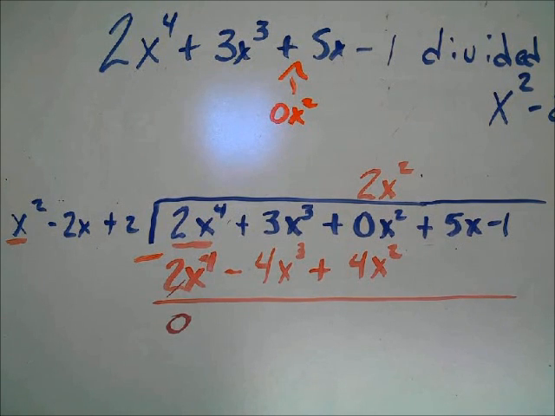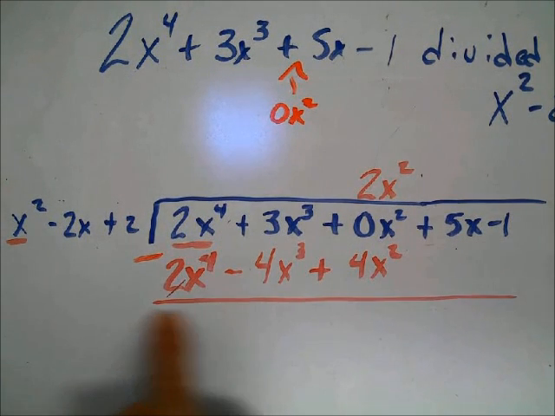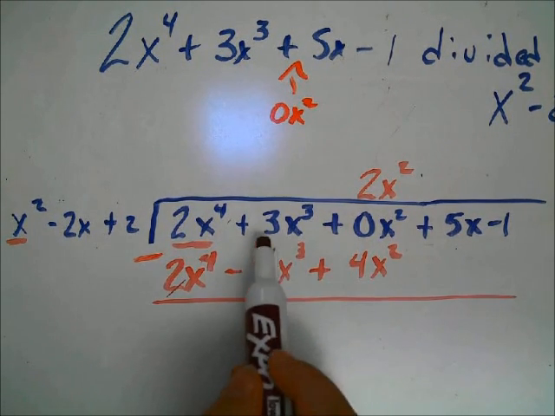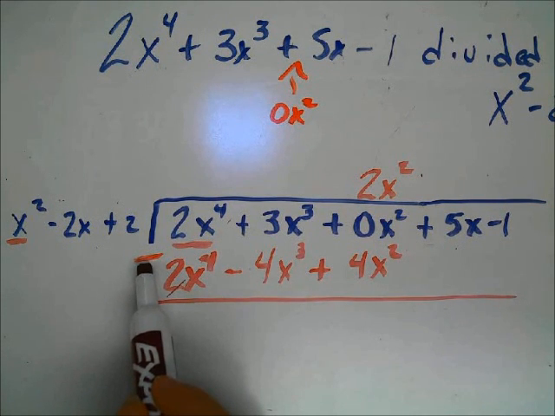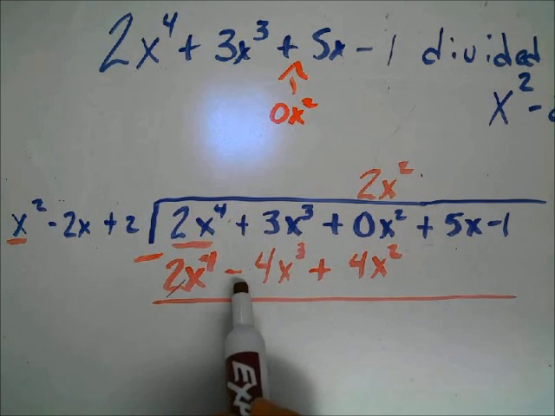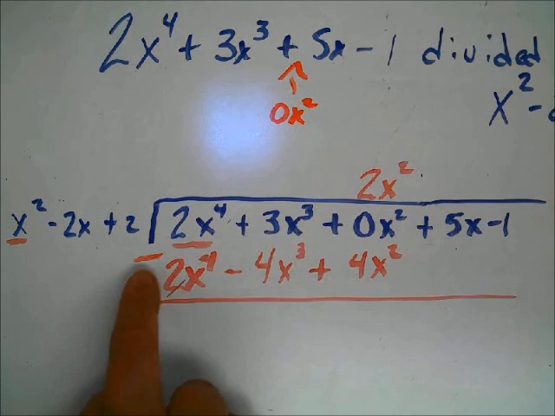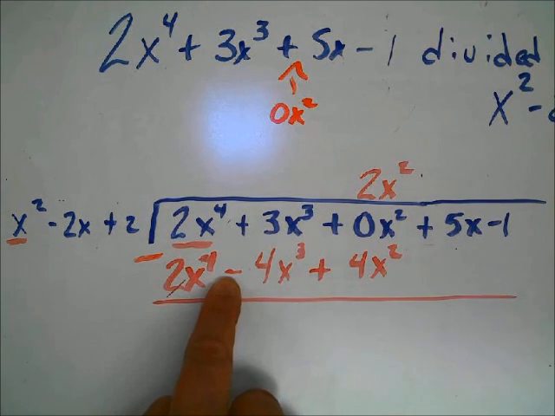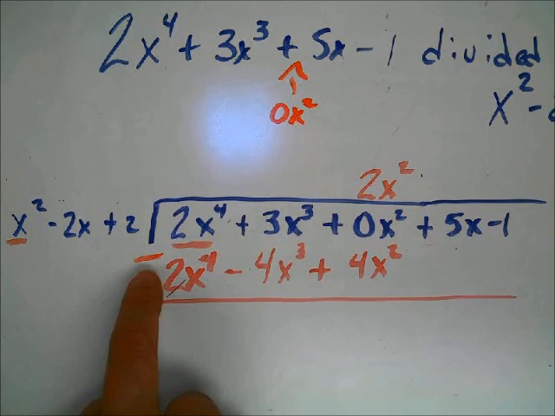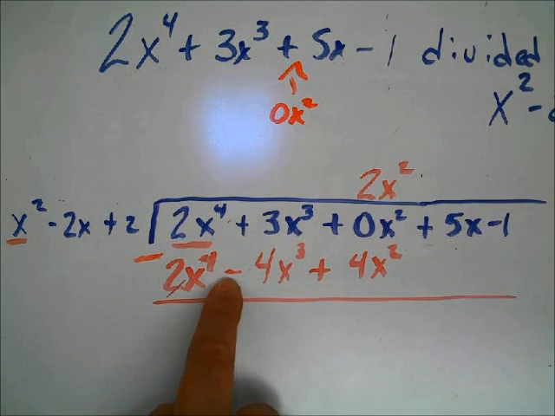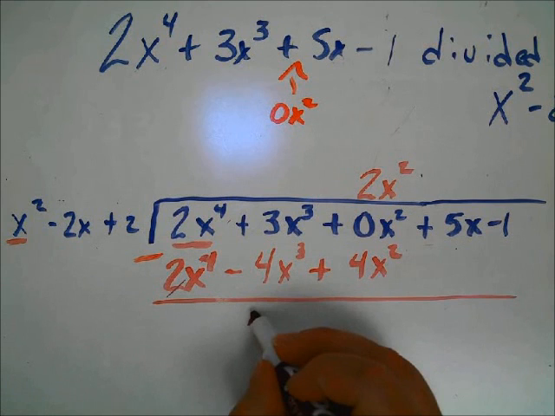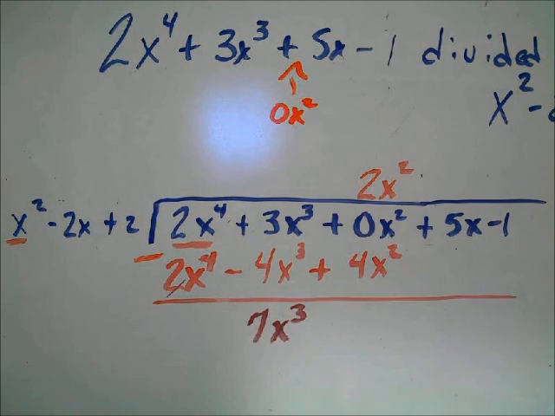And remember, when you subtract a negative, that turns into plus a positive. So here, 3x cubed subtract a negative becomes plus a positive, so that is 7x cubed. 0x squared subtract 4x squared is minus 4x squared. And then I'm going to bring down my next term just like I did with regular long division.